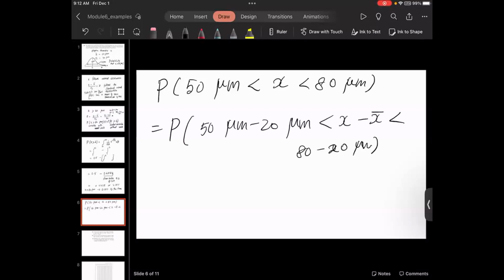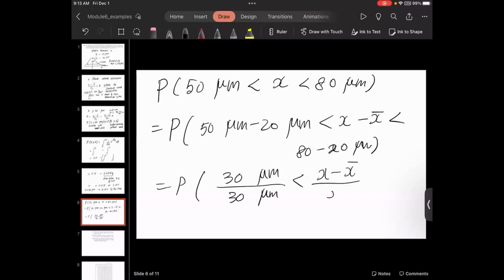And then I can also divide throughout by the standard deviation. 50 minus 20 is 30 microns divided by 30 microns, which is the standard deviation. X minus x bar divided by sigma x is less than 60 microns divided by 30 microns. That is nothing but the probability of z assuming values between 1 and 2.